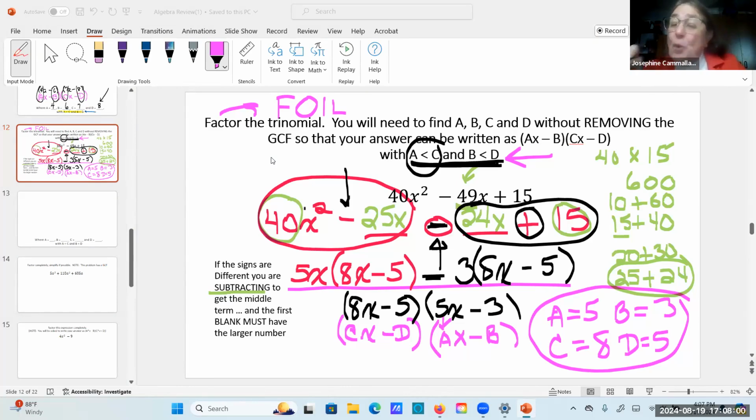The middle number, Joanna, is 49. You've got to find that mystery term. The middle number is what you want to find. Because the two blanks have the same sign, 40 plus 15 doesn't work. Well, now you need to decide, okay, which two numbers still multiply together to give me 600, but I got to get 49 in the middle. Okay.